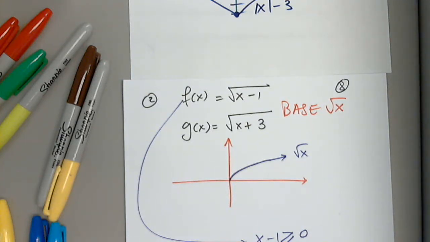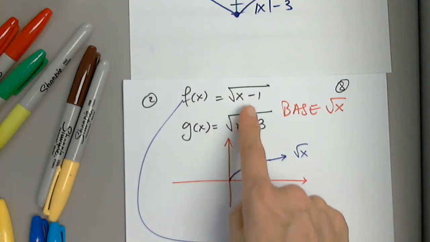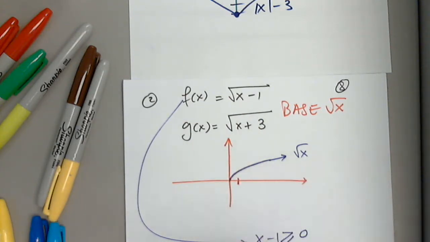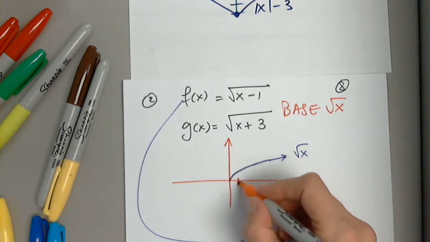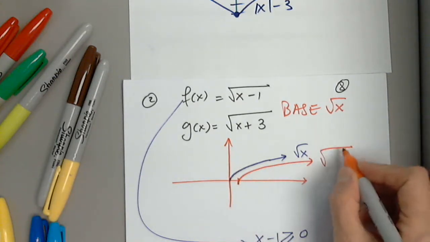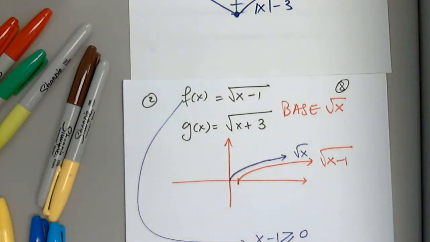So the graph of the square root of x minus 1 starts right here and goes to the right one. That's why we determine the domain. So we remember this for good. Here it is. When I change x into x minus a number, the shift is to the right.